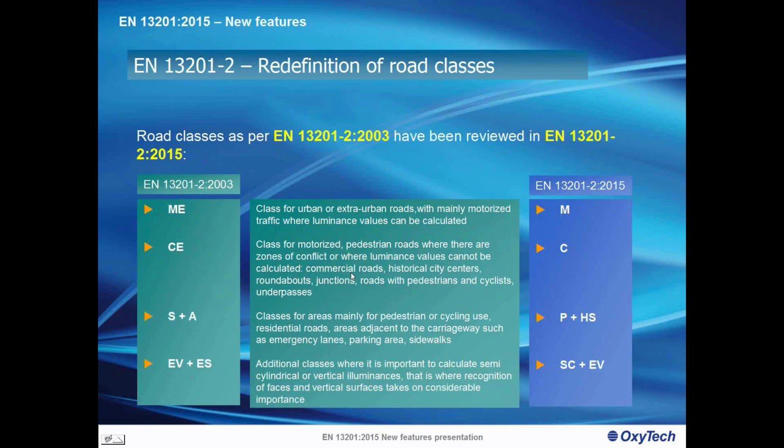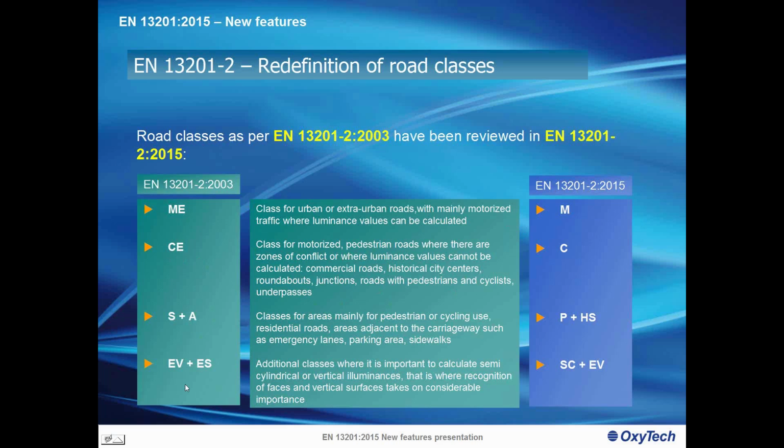So also commercial roads, historical city centers, roundabouts, junctions, roads with pedestrians and cyclists, underpasses. These are all classes related to roads where we have vehicles passing by, but where the luminance cannot be calculated. These classes, as we said, are classes CE.